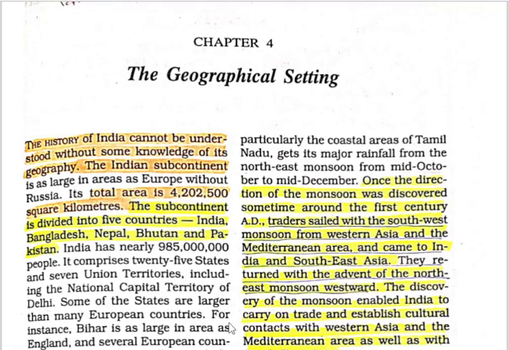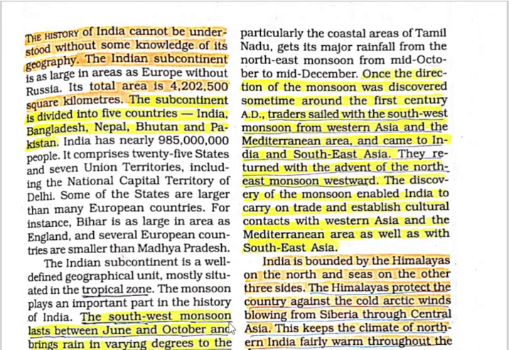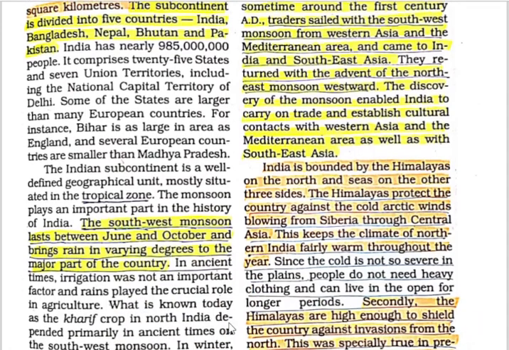Traders sailed with the southwest monsoon from Western Asia and the Mediterranean area and came to India and Southeast Asia. So you can understand how important the discovery of these monsoon winds was. They returned with the advent of the northeast monsoon westwards. The discovery of the monsoon enabled India to carry on trade and establish cultural contacts with Western Asia and the Mediterranean area as well as with Southeast Asia.